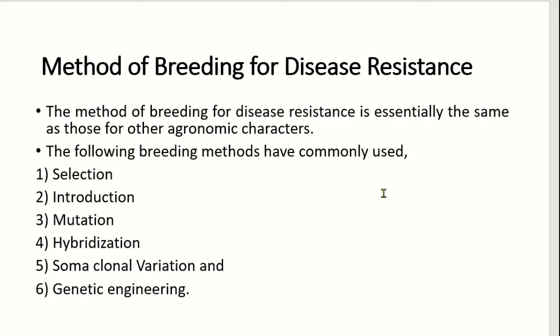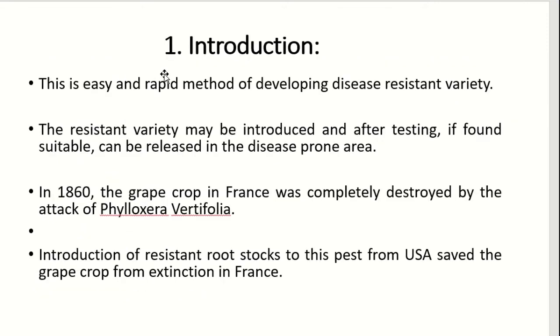So some of the methods for breeding of disease resistance are given here. The first method would be introduction and selection, which is the easiest thing. Sorry, there is an interchange in the serial order. The first one is introduction, which is the easiest and the fastest method.